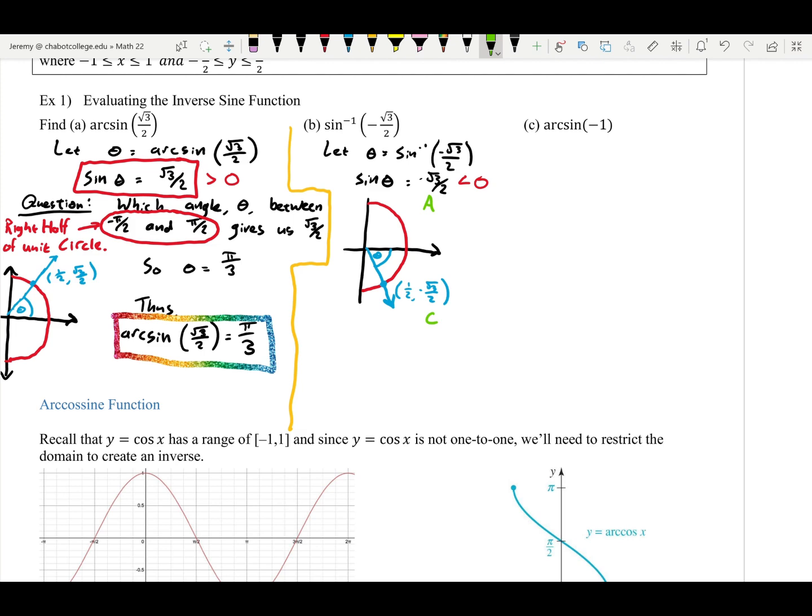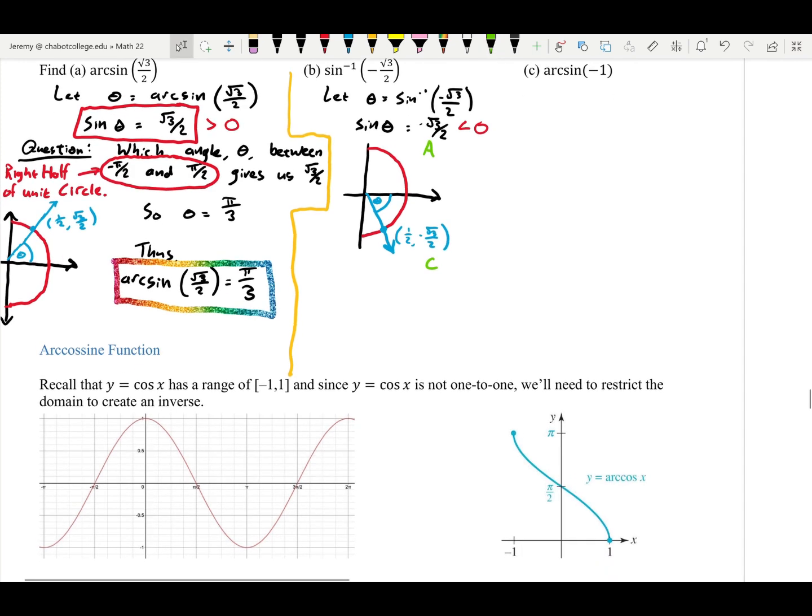And we have a negative sine value here. So that's why we find ourselves in the fourth quadrant. So that tells me theta must be equal to negative pi over 3. Thus, sine inverse of negative root 3 over 2 is going to be equal to negative pi over 3.